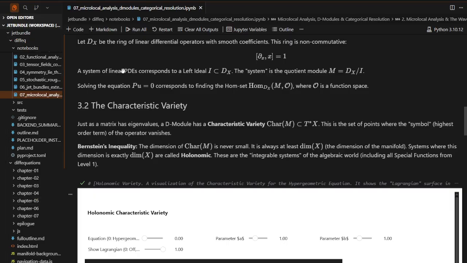But yeah, Bernstein's inequality allows us to say that the dimension of the characteristic variety is always at least the dimension of the space we're applying it to. When equality holds, we get holonomic modules. The modules themselves are said to be holonomic, and these are integrable systems of algebra. So we have hypergeometric, Bessel functions, Airy functions, Painlevé.